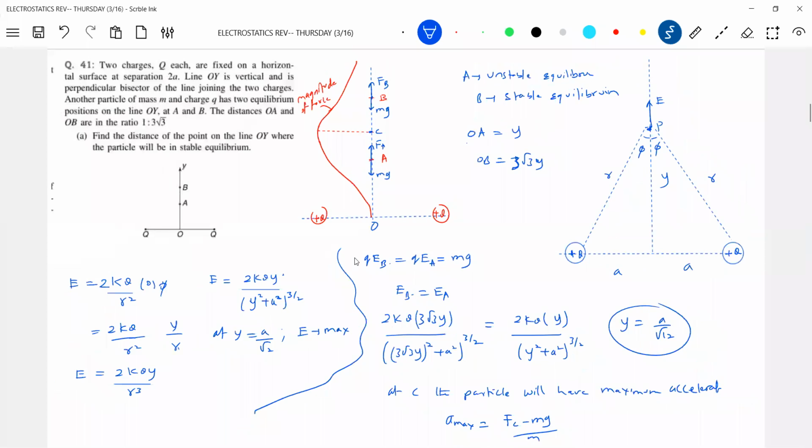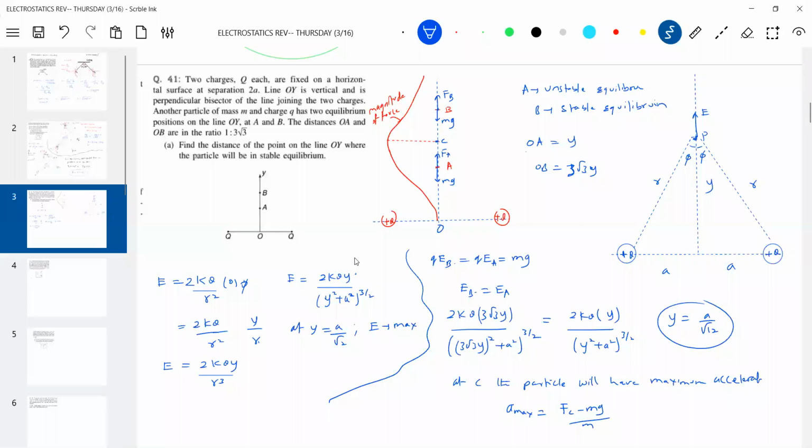If they ask you maximum acceleration, take help of this condition. Maximum acceleration will be at O, where the electrostatic force of attraction will become zero by component. Only weight will be present.